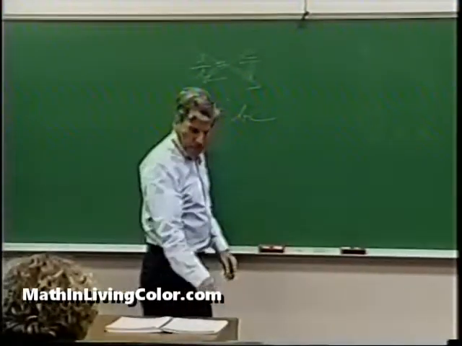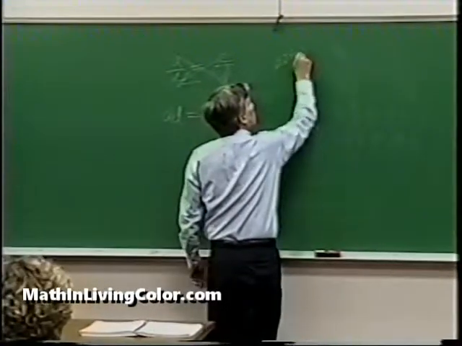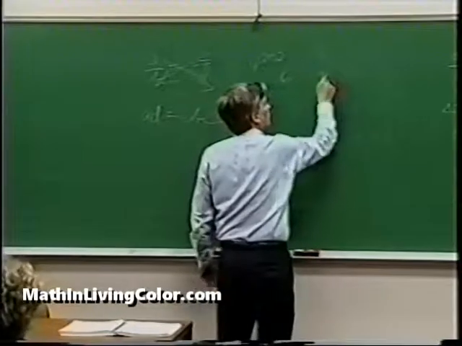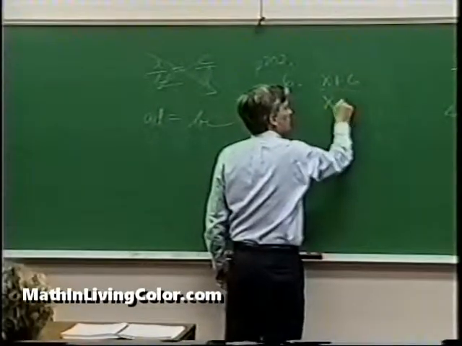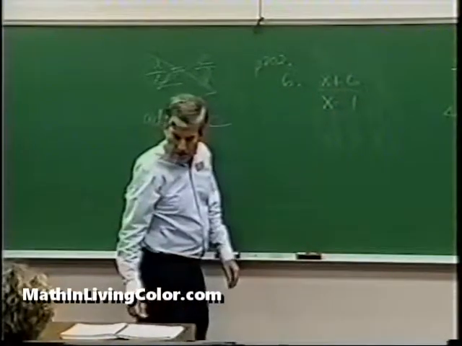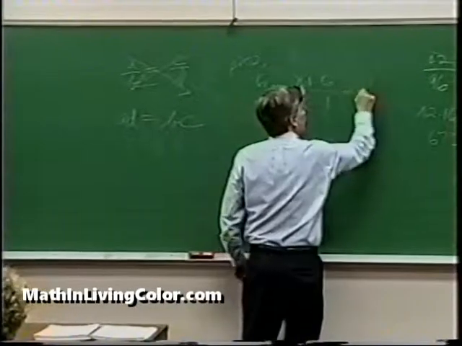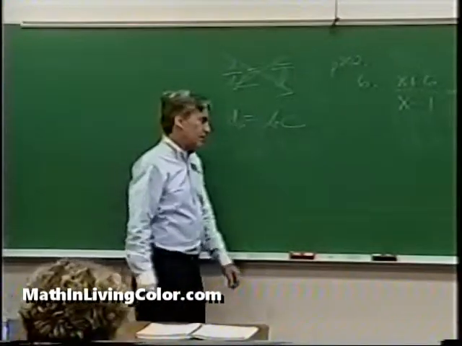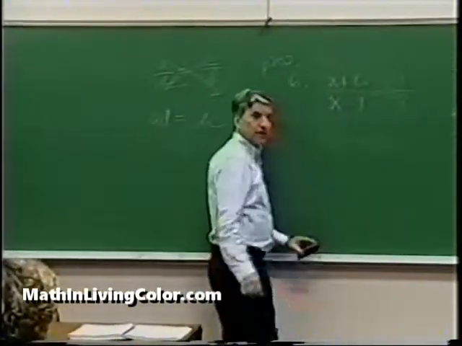Like I'm on page 202. Page 202, number 6. And it's x plus 6 divided by x minus 1 equals 1/8. All right? Did I copy it right? All right. I need your help now.